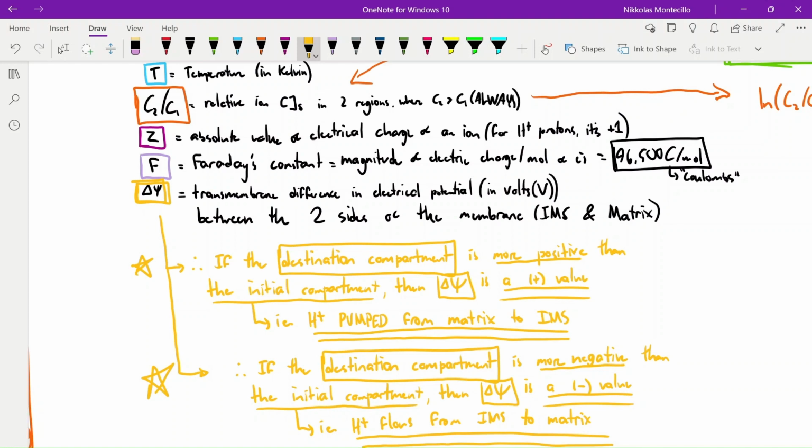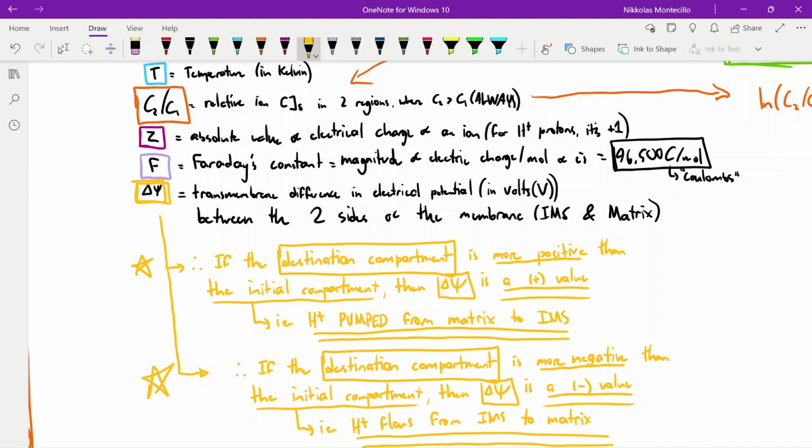So if the destination compartment is more positive than the initial compartment, then the transmembrane difference is a positive value, and in essence, it implies that the hydrogen ions are pumped from the matrix to the intermembrane space. However, if the destination compartment is more negative than the initial compartment, then the transmembrane difference is a negative value, and the hydrogen ions flow from the IMS to the matrix.